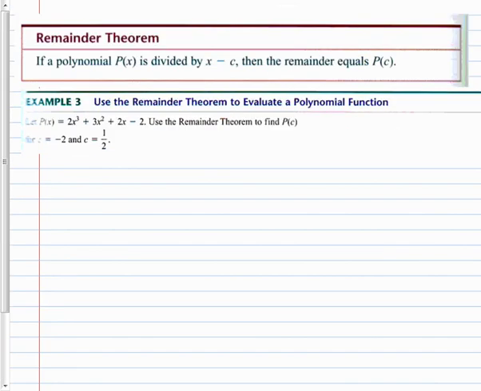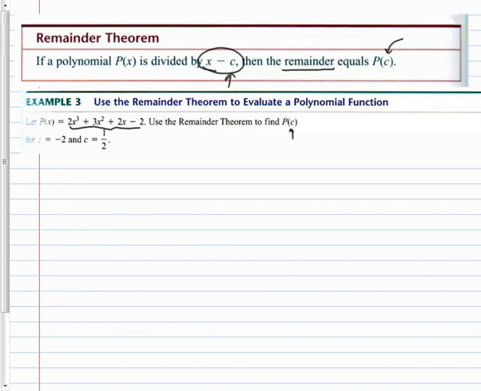If a polynomial is divided by this, the remainder is the same thing as substituting c into the original equation. This is called the remainder theorem. We'll go through it and repeat what they just said right there. So here they've given us a polynomial. They say use the remainder theorem to find p of c.